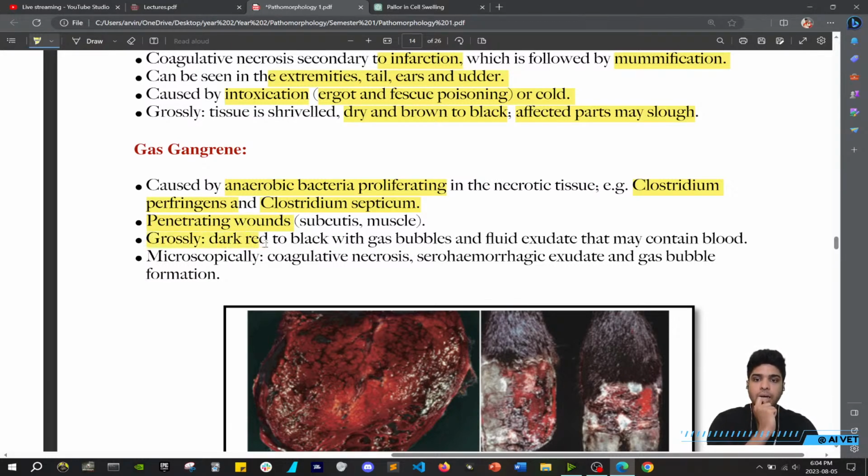Grossly, once again, it is dark to black with gas bubbles and fluid exudate that may contain blood. Microscopically, there is coagulative necrosis followed by serohemorrhagic exudate and gas bubble formation. Gas bubble formation is caused by anaerobic bacteria, and it can also be due to penetrating wounds.